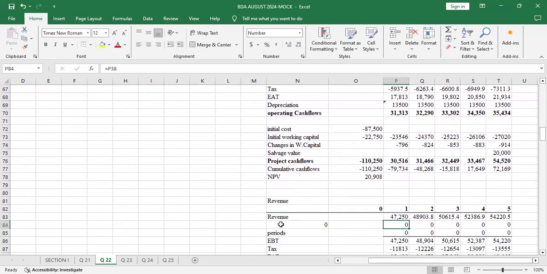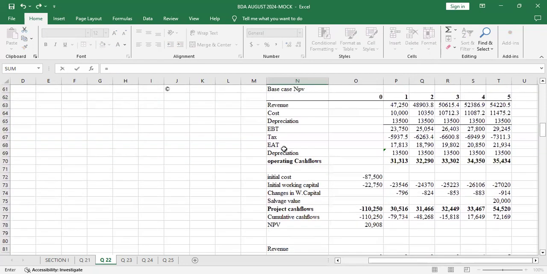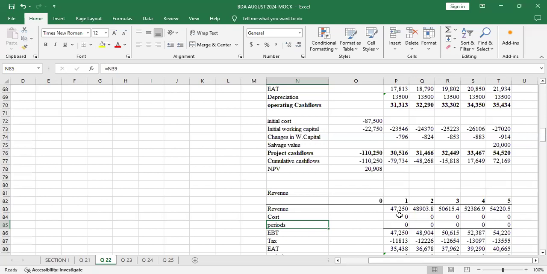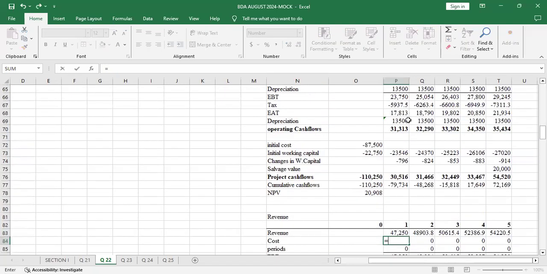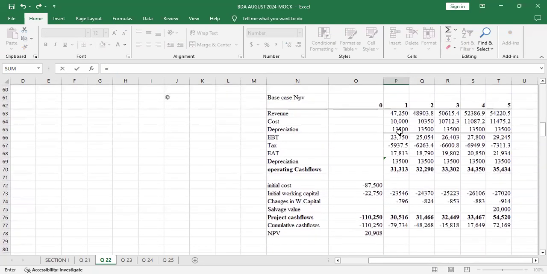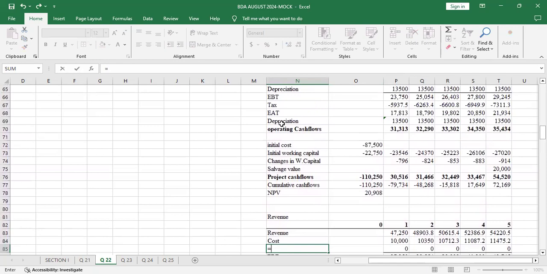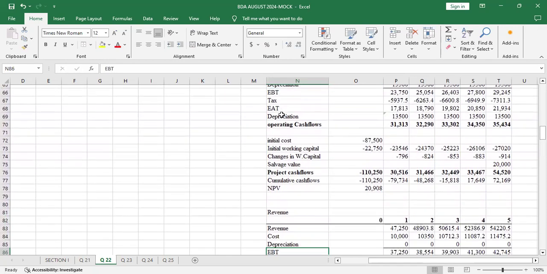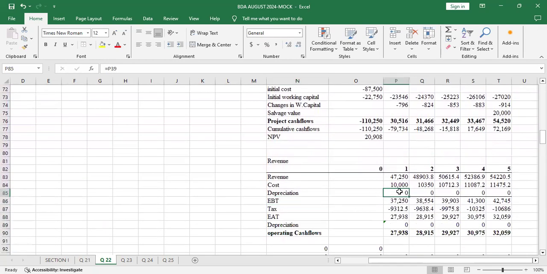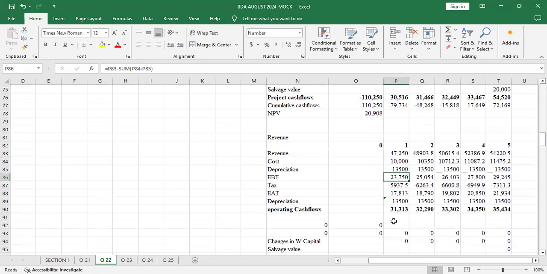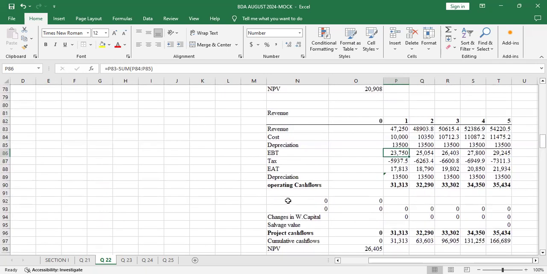Cost, the same. I'm just copying this information here. Then we add depreciation, and the value was 13,500. Up to there, it's okay.